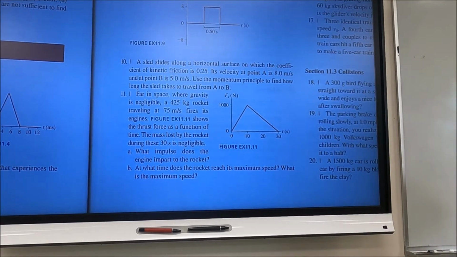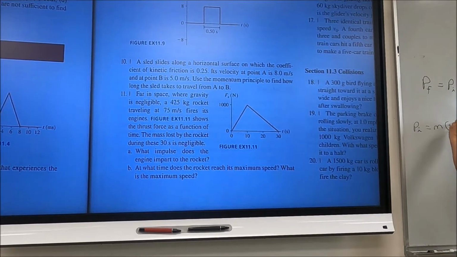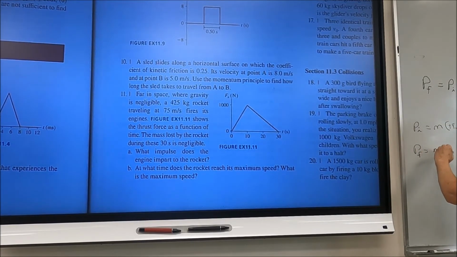All right, now, the momentum principle says that P final has to equal P initial plus J, the change in momentum, okay? And we know that P initial is going to be the mass of the sled times its initial velocity, which was 8 meters per second. Its momentum final is going to be the mass times 5 meters per second.